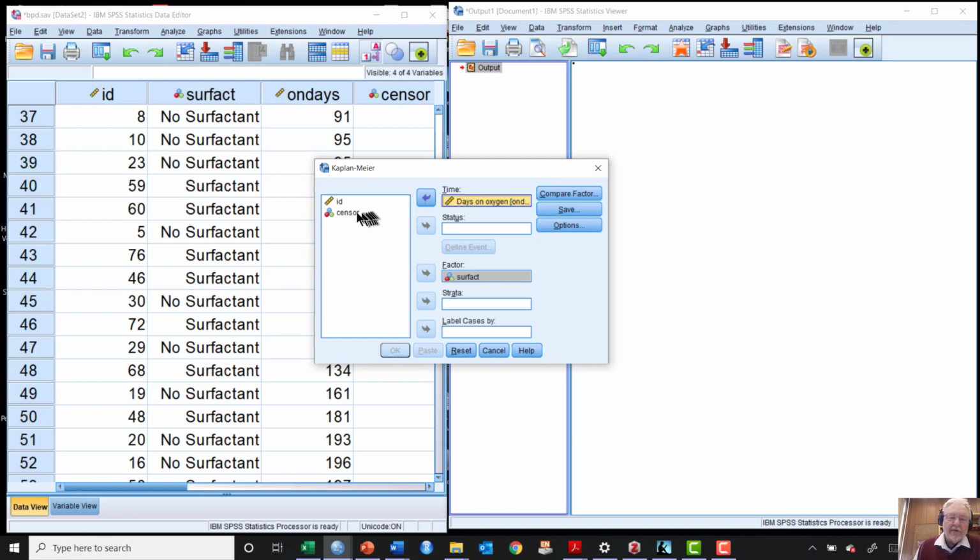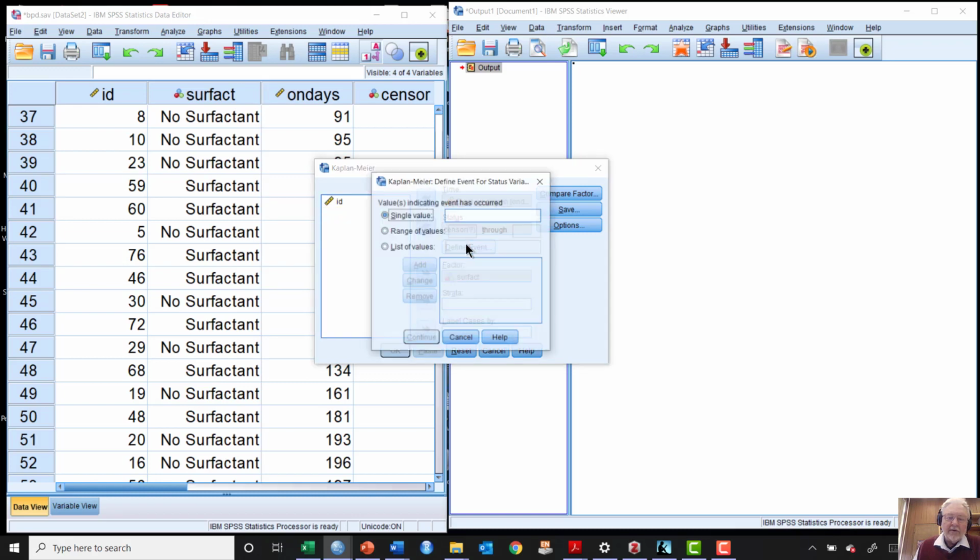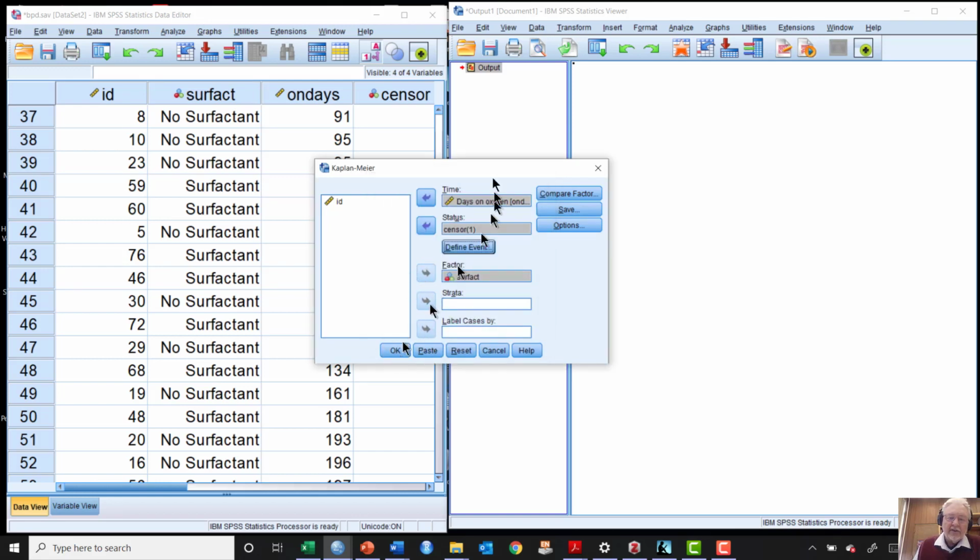Status refers to when they stopped, and we need to put in an event for that, so we're going to say 1. So they're on oxygen until that particular day occurs. The number referred to, this on days, is the number of days until either they're off oxygen or the subject has stopped being followed.